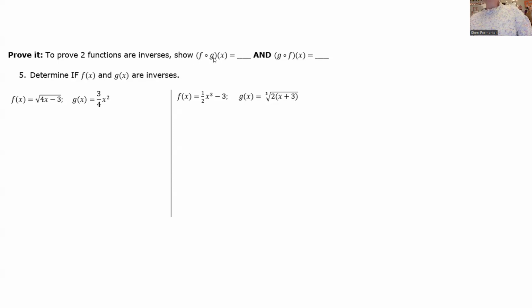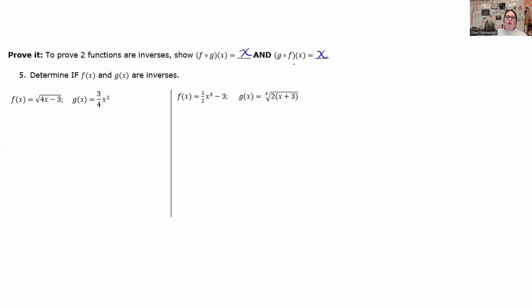And f of g of x and g of f of x, so both compositions have to equal x. And if they do, then your equations are inverses. So these both have to equal x. And I will show you what that means. Basically, when you plug one function into the other, all the operations will undo each other.